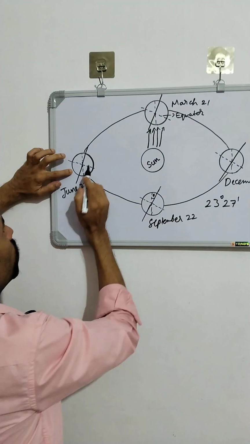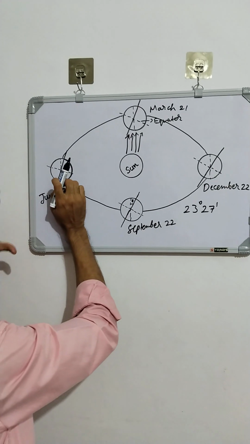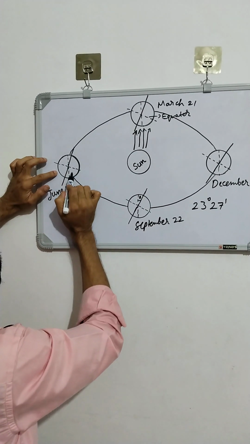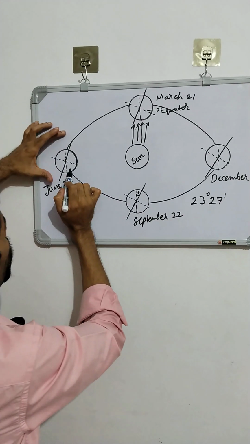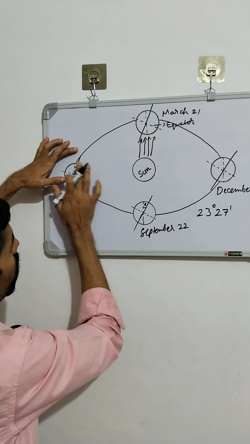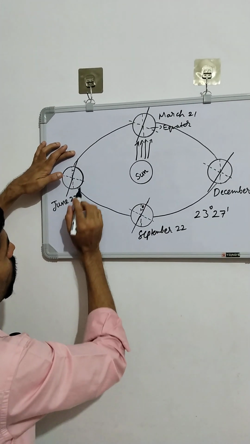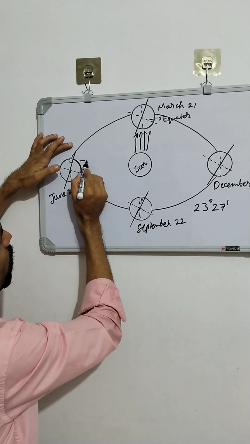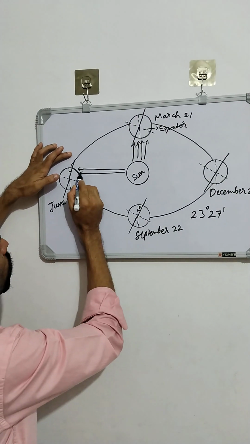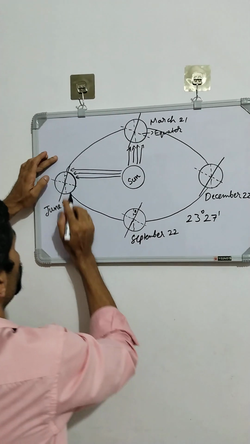This is called the summer solstice, and I am telling it with respect to the northern hemisphere. This is the northern hemisphere and this is the southern hemisphere. Now as you can see here, the Earth's axis is tilted and it is inclined towards the Sun. The northern hemisphere is inclined towards the Sun, so the rays of the Sun strike directly like this.